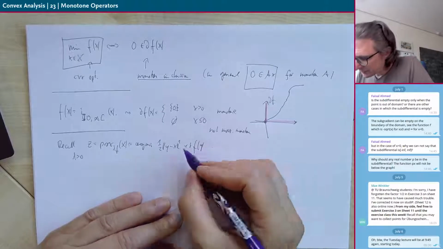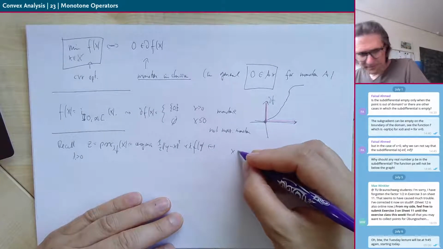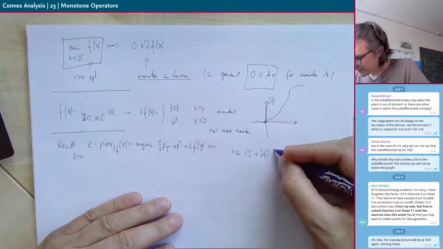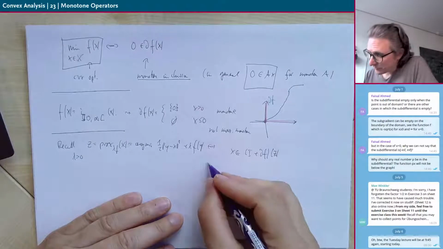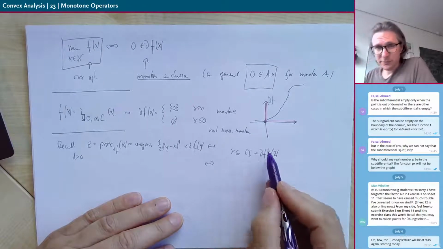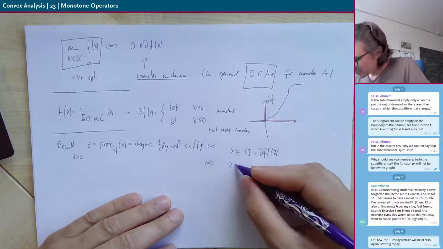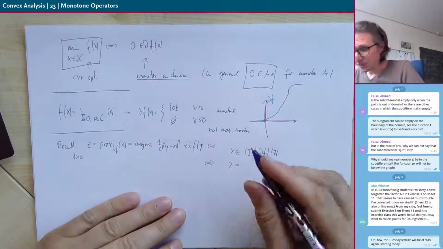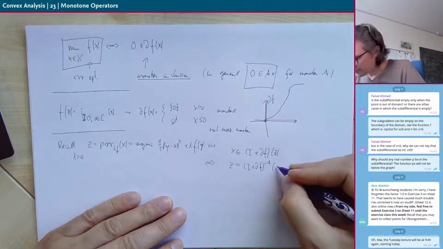And recall that this was characterized by x being in identity plus subgradient of f at z. And now we recall that we can also invert monotone operators or set-valued operators. So this is the same as saying z is equal to, not element of, (identity plus ∂f) to the minus 1 of x.